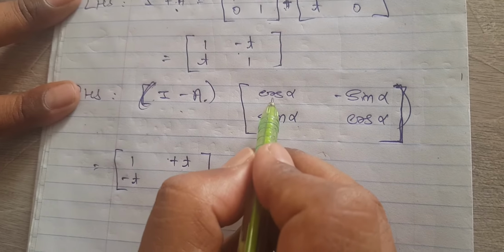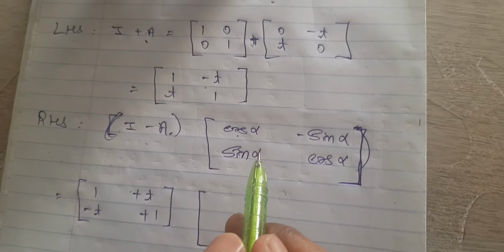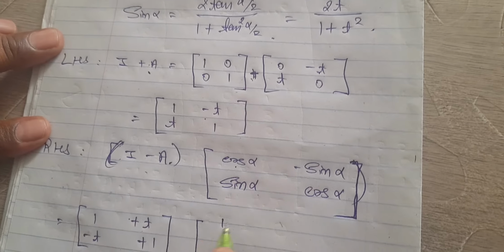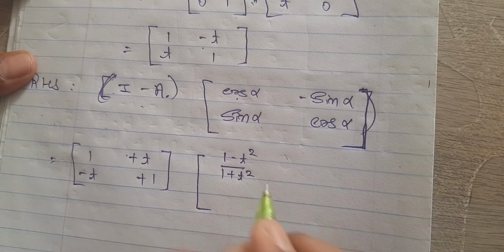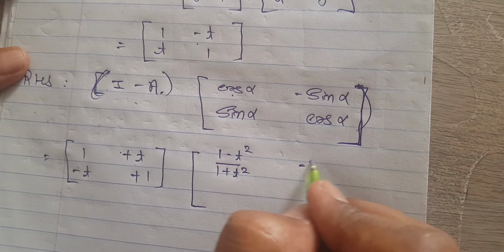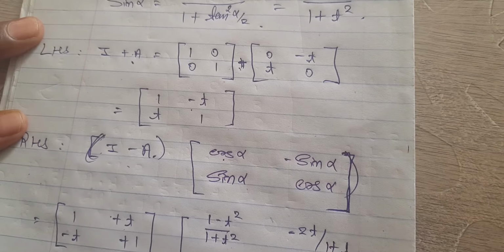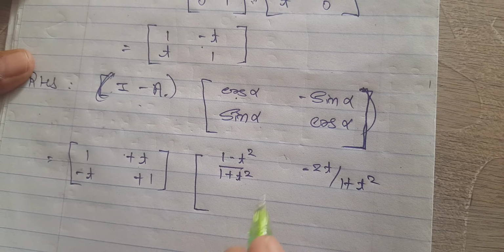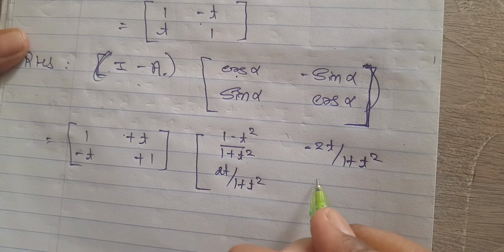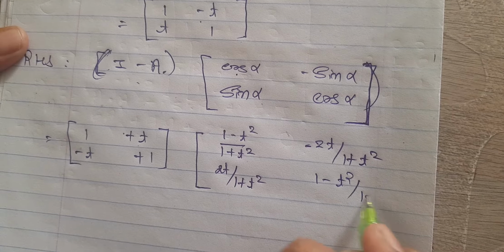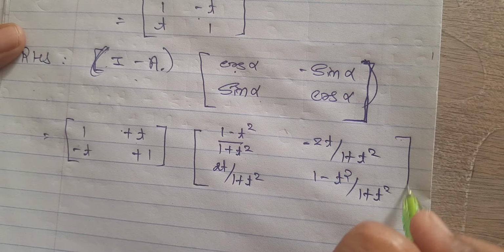Now in place of cos alpha we keep this value: 1 minus t square upon 1 plus t square. Sin alpha means minus 2t upon 1 plus t square. So the matrix has 2t upon 1 plus t square and 1 minus t square upon 1 plus t square.